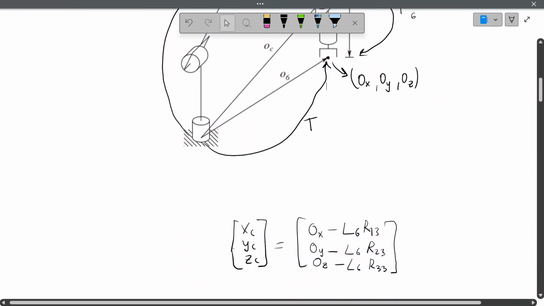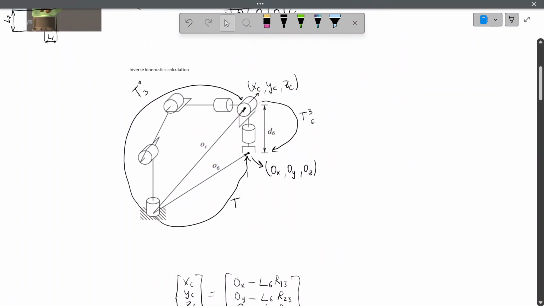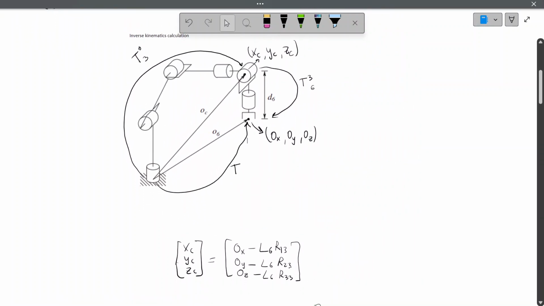So in order to calculate this part, here we can also draw the transformation matrix. Also here we will just have the rotation matrix, R36.